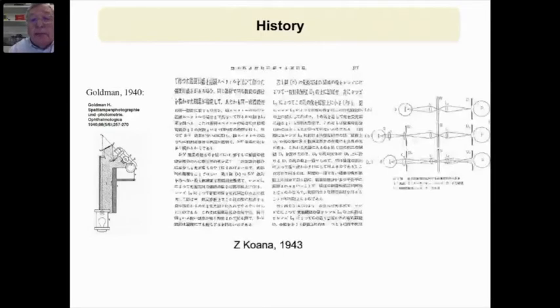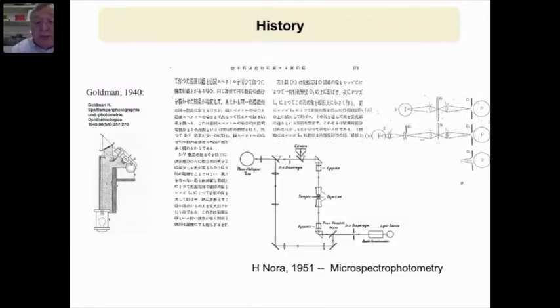Then came a paper in Japanese, which I haven't read for the obvious reason I don't speak Japanese, in 1943. And if you look at the optical layout on the right-hand side, you can sort of see the confocal pinholes.